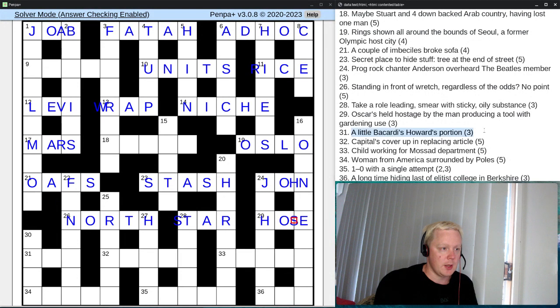31, let's see this one. So a little Bacardi's Howard's portion. Now we have 2 potential indicators here. A little can be the first letter of Bacardi, just a little bit of the word Bacardi. It can also be sort of a hidden word indicator.